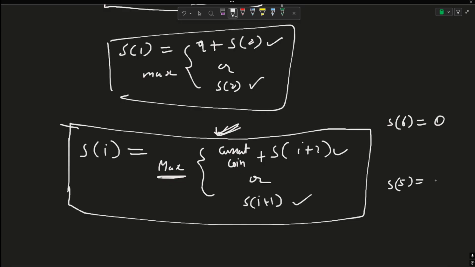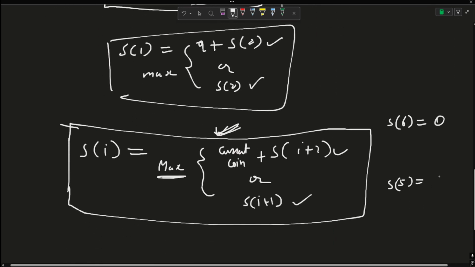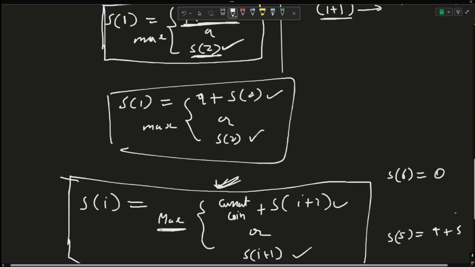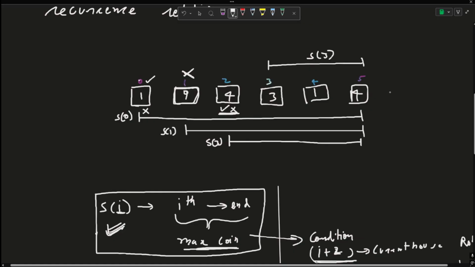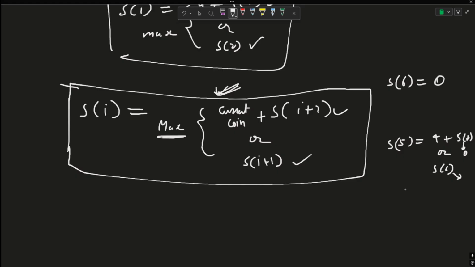The coin at number 5 is 4, so it would be 4 plus S of 7, or S of 6. This will return 0, this will return 0, so S of 5 would be 4 plus 0, or 0. Max of this is 4, so S of 5 would be 4.